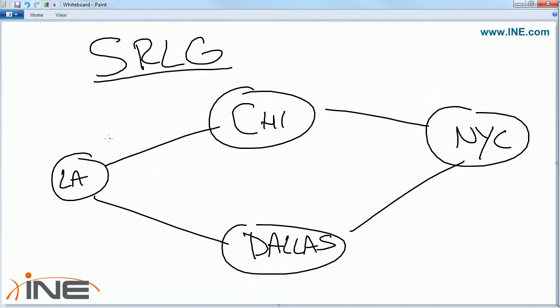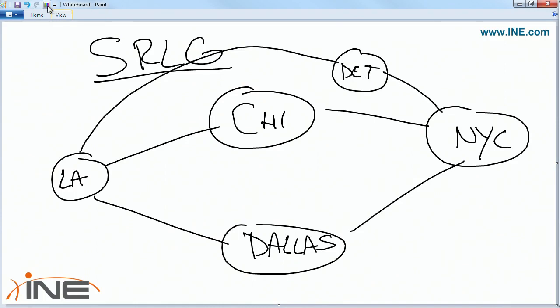Or maybe we're going from LA directly to Detroit and then to New York. When you look at the service provider's network from a layer 1 point of view, sometimes you'll find that multiple physical circuits actually follow the same physical fibers over a long haul, because they take these signals and multiplex them together into one physical link.